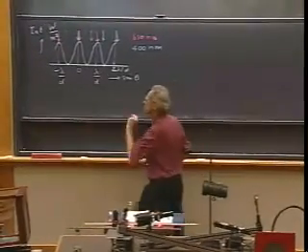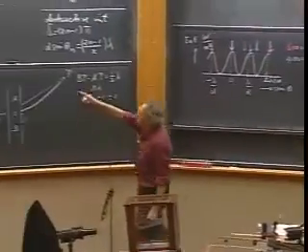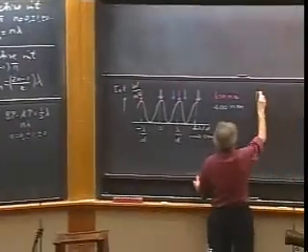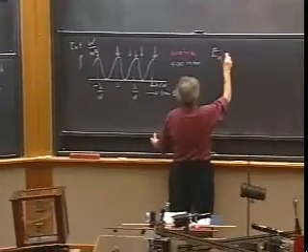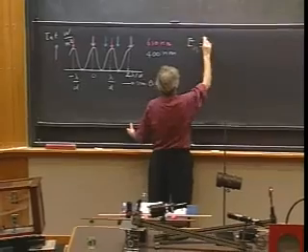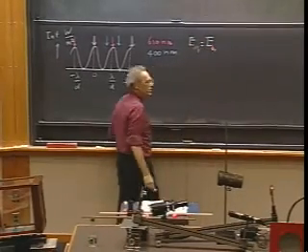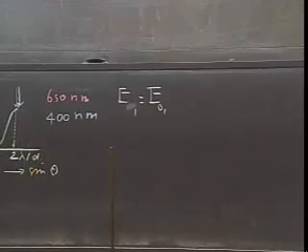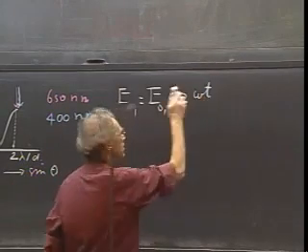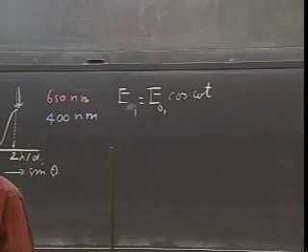So let us assume that source number 1, and the other one I call source number 2, so that source number 1, E1, has an amplitude E01 when it reaches the screen. And then, of course, you have cosine omega t, and this is the frequency of the light. That's the electromagnetic radiation.